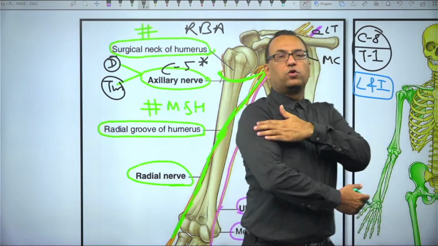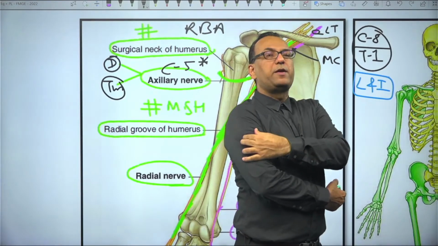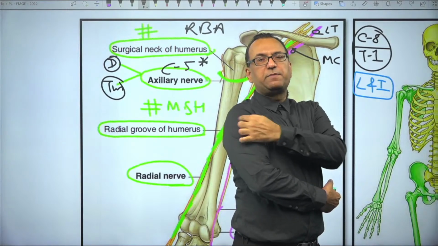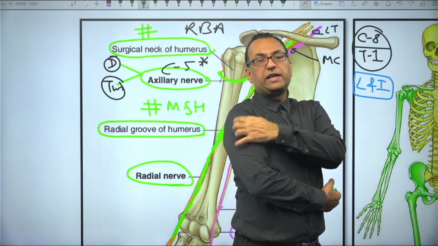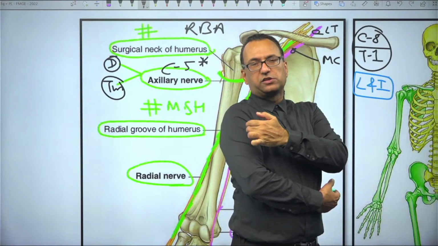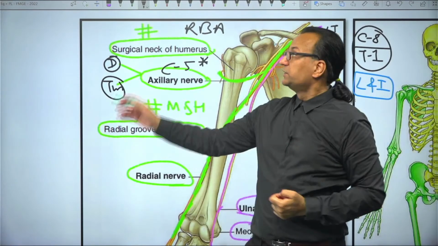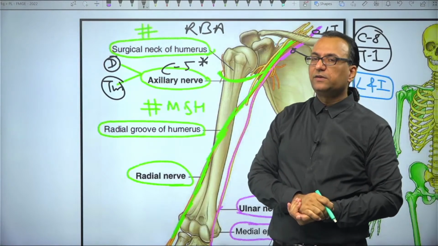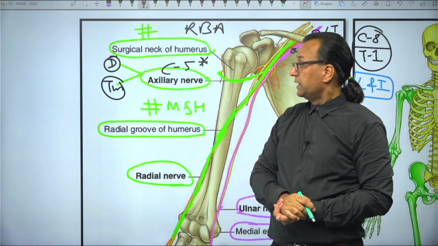That is where you must have observed army, police and navy people keep a badge, the regimental badge. Sensory loss below that area, C5 dermatome. Regimental badge anesthesia is a sign of axillary nerve injury, C5 dermatome.